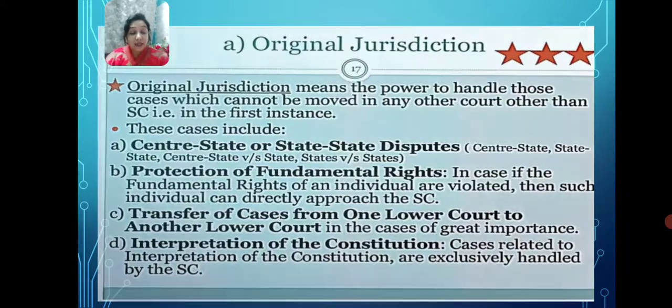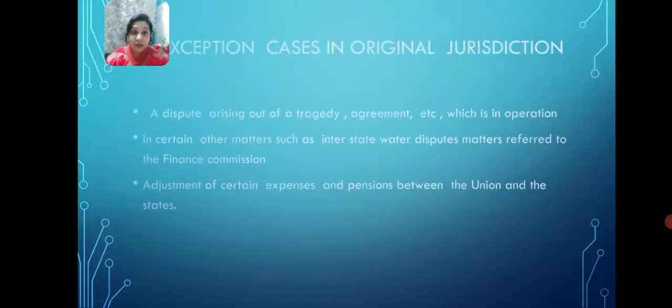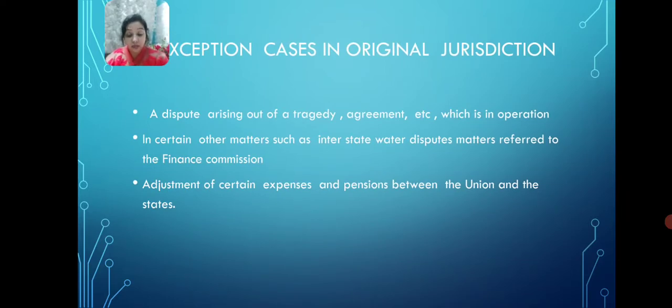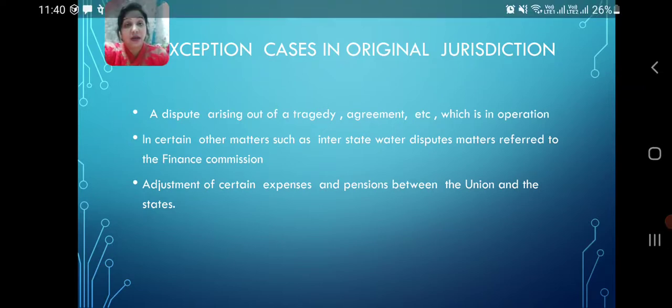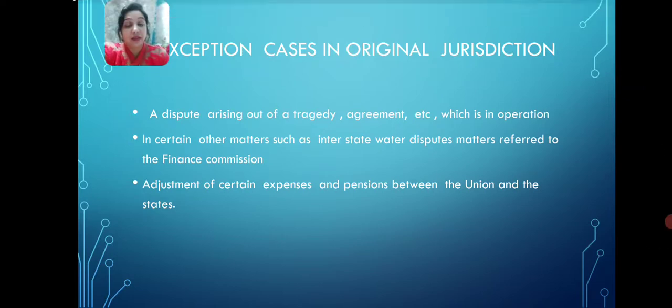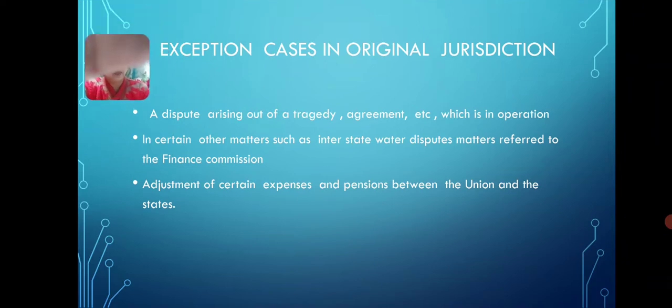These are the things that you have to keep in mind. Now let us see what the exceptional cases are. I told you that there are certain exceptional cases in the original jurisdiction. Number one is a dispute arising out of a treaty, agreement, etc., which is in operation. Suppose a case is already undergoing, with the hearing and everything underway. In that case there will be a clash.